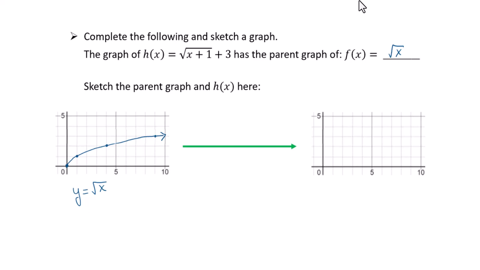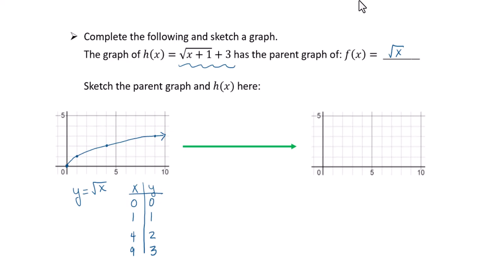Now, when we undergo this transformation, we are adding 1 to the x in the formula.